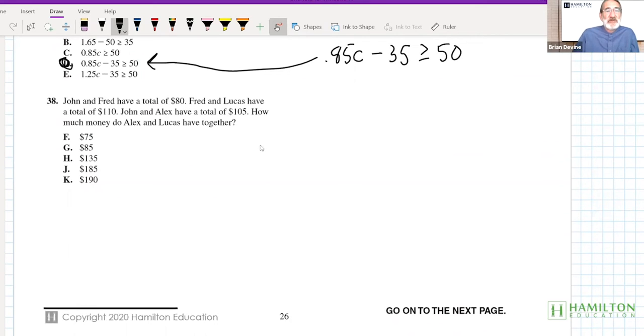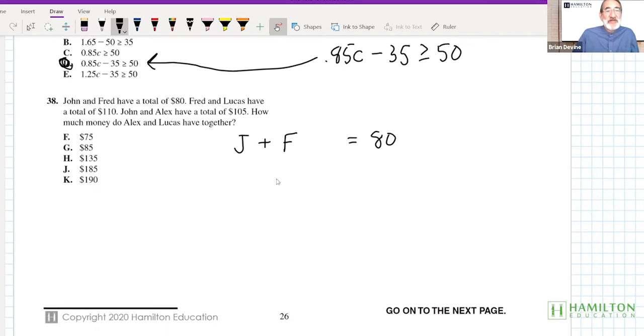For number 38, John and Fred have a total of $80. Fred and Lucas have $110. John and Alex together have $105. And I want to know, how much do Alex and Lucas have? Well, let's say J is John and F is Fred. And we know they got $80.